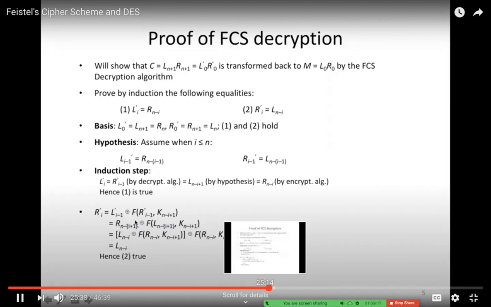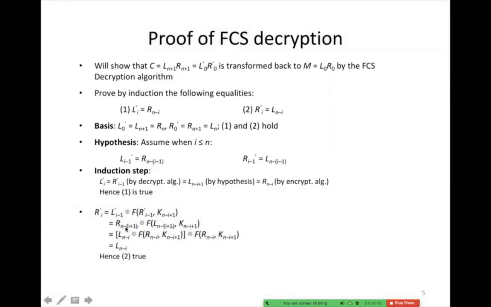So from here, this R sub n minus I plus 1 is equal to the left part of the previous round, exclusive OR F of the second half of the input to the previous round, and this K sub n minus I plus 1.